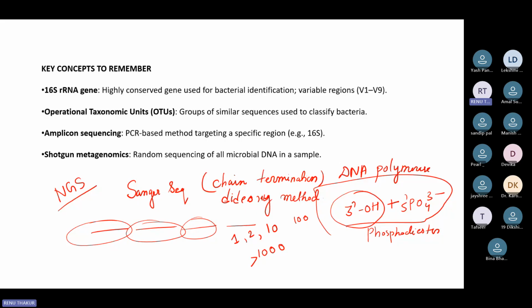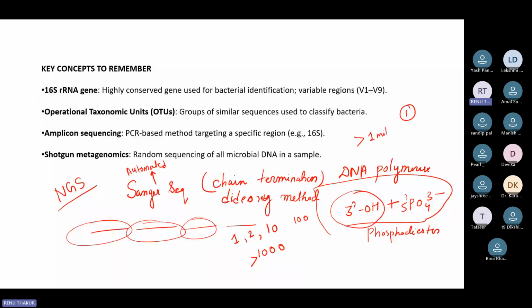So for that reason, this Sanger sequencing is automated. Means no more manual thing, no more labor requirement. Only a single person can do the sequencing of more than 1 million genomes overnight.